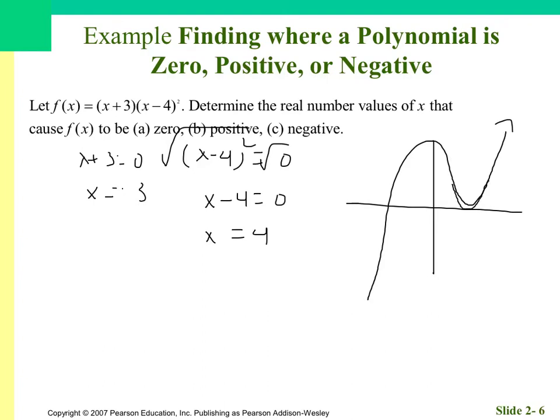But that's actually touching. So here's A: negative 3, positive 4. B. F of x is negative when x is less than negative 3. Oh, that's C. So let me fix that.